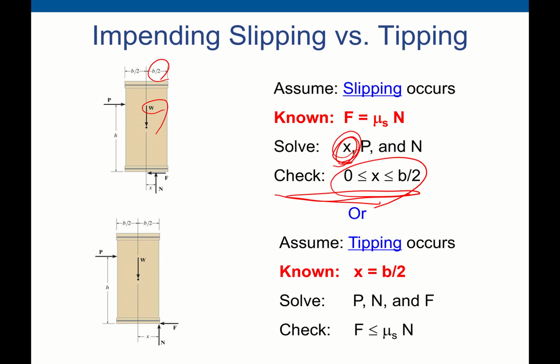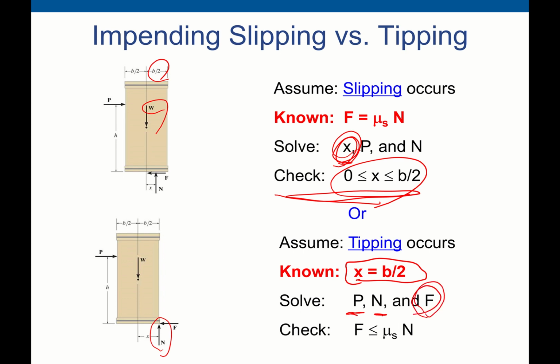Another option we have to think about is, okay, let's assume this one will tip. Tipping means the location of the normal force is at the edge of the box. So we know the distance should be equal to b over 2 from the center of the box. Then we can solve for the push force, normal force, and frictional force.